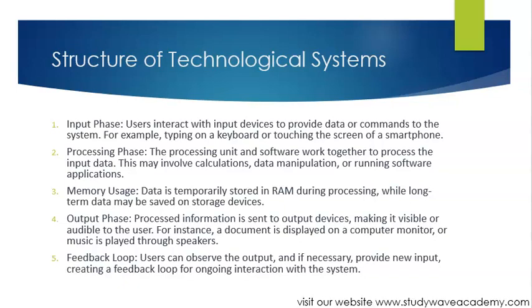Then the processing phase. The processing unit and software work together to process the input data, what the user has inputted. This may involve calculations, data manipulation, or running software applications.